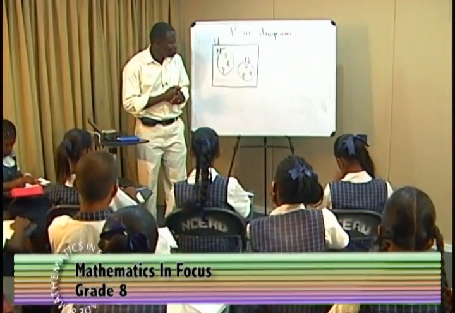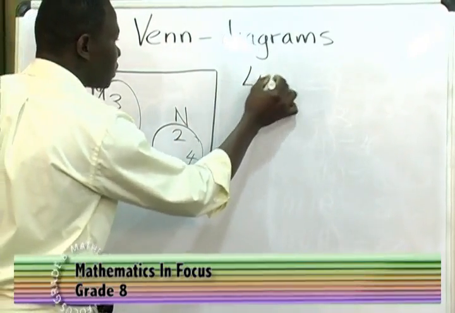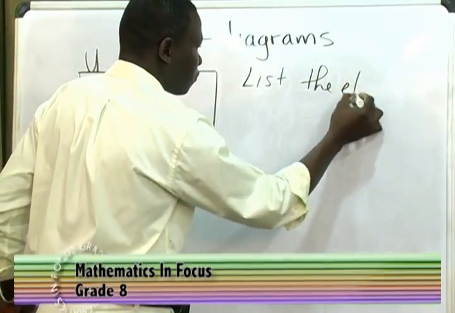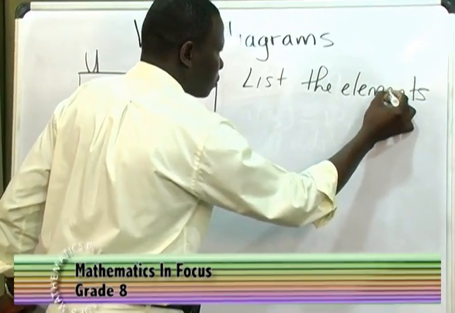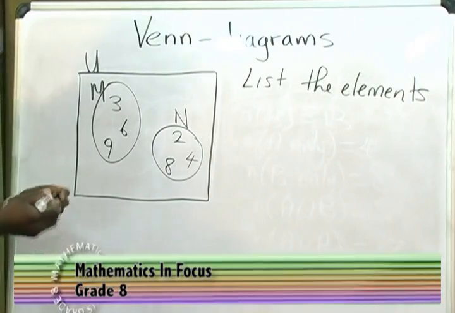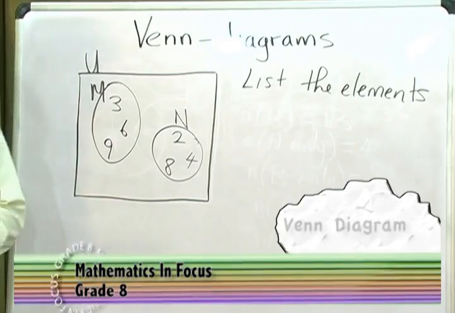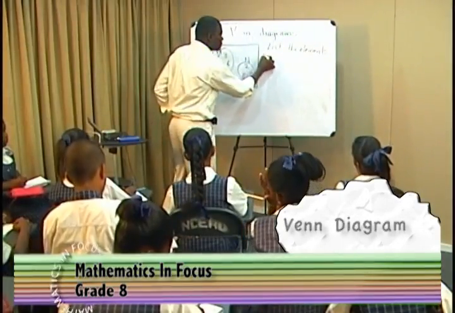Here you are required to list, not just to say the number, but to list the elements. If we're to list the elements of the set M, what do we say?